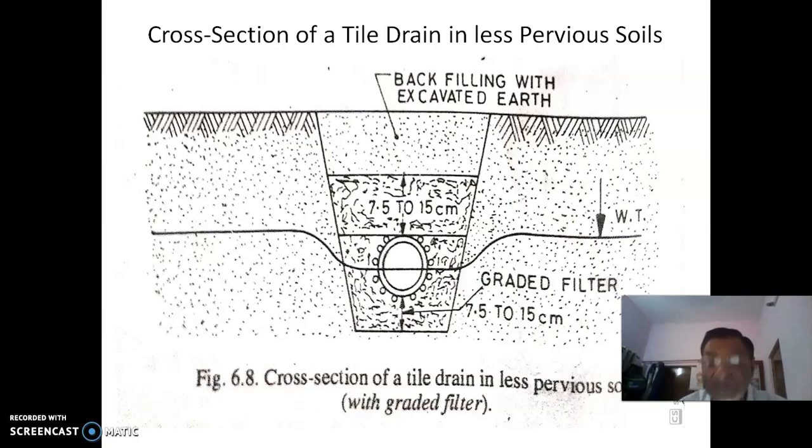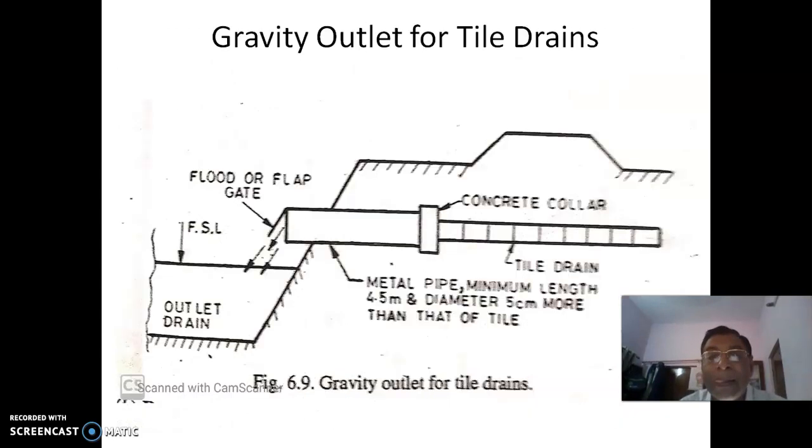Earlier we have seen pervious soils. This is a gravity outlet for tile drains. You can see there is an outlet drain. Normally it is a metal pipe, minimum length 4.5 meters and a diameter 5 centimeters more than that of the tile. You can see this is a concrete column.